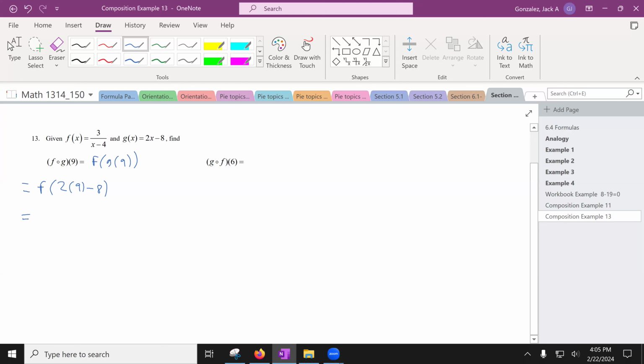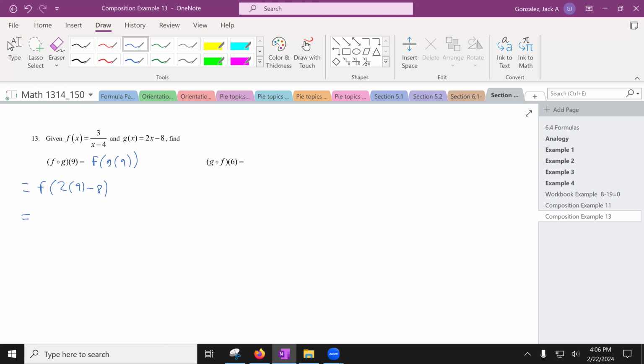I gotta throw a 9 in there. Before we did it in general. Now we're doing it as a specific number. You see the difference?